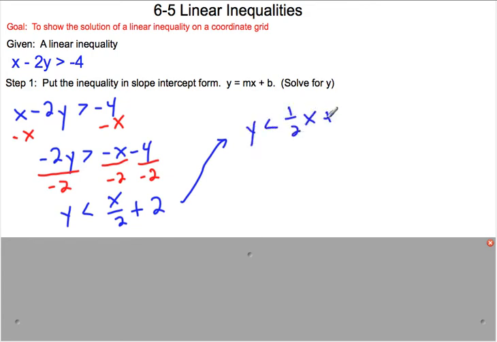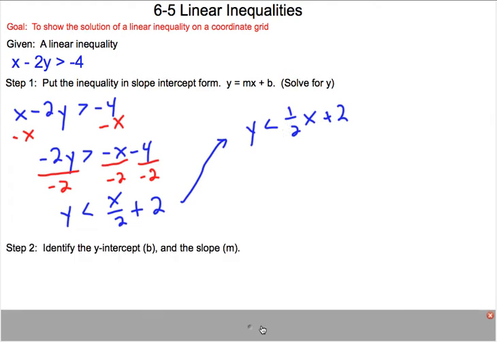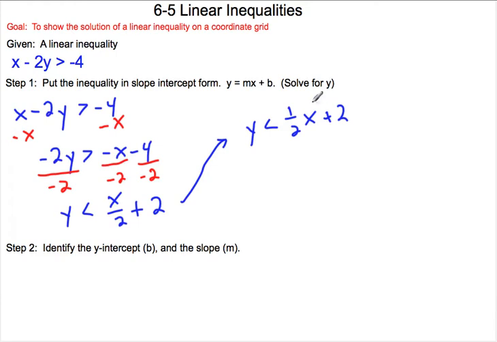And since we need that for the slope, we'll just go ahead and write it like that. Alright, so now we need to identify the y-intercept and the slope. So the y-intercept is here in the b area. So b equals 2. And slope is the m, so that's in the m area here, which is 1/2.